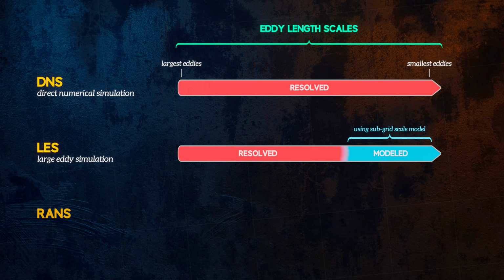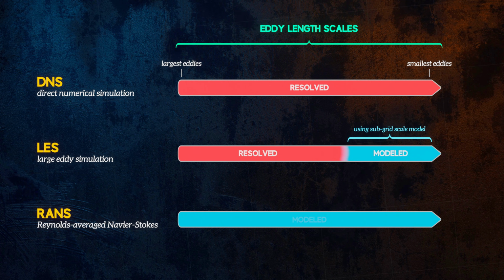Finally, we have the Reynolds averaged Navier-Stokes technique, which is the least computationally expensive of the three techniques. This is a time-averaged method which doesn't resolve eddies explicitly at all. Instead, it models the effect of eddies using the concept of turbulent viscosity.